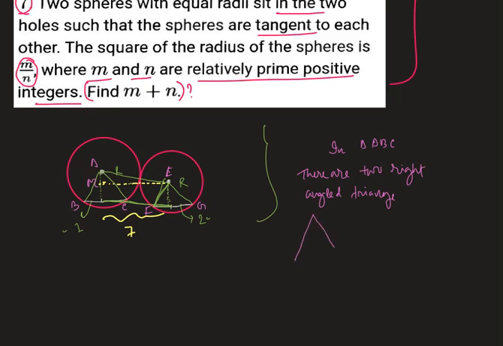We just separate this triangle from this picture and draw the right angle triangle, and suppose this is named as D. So these two are the right angle triangles.